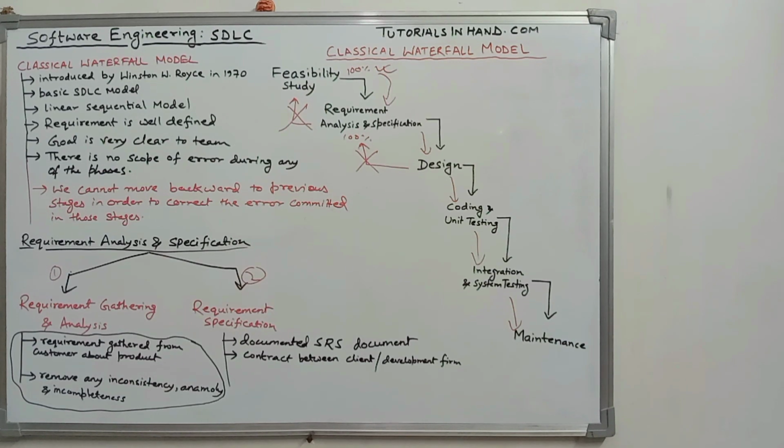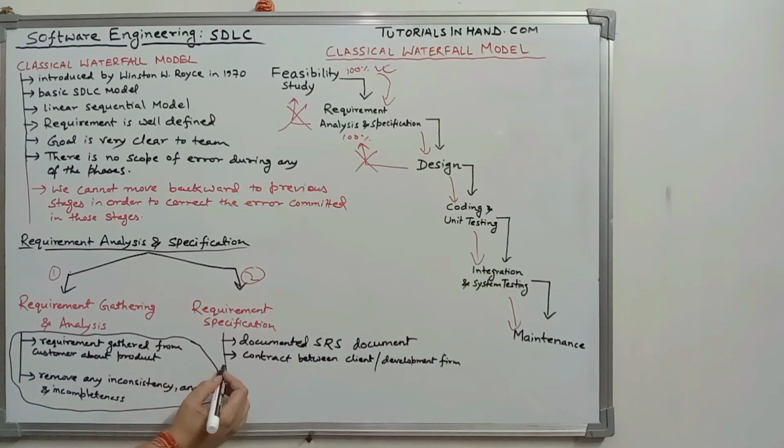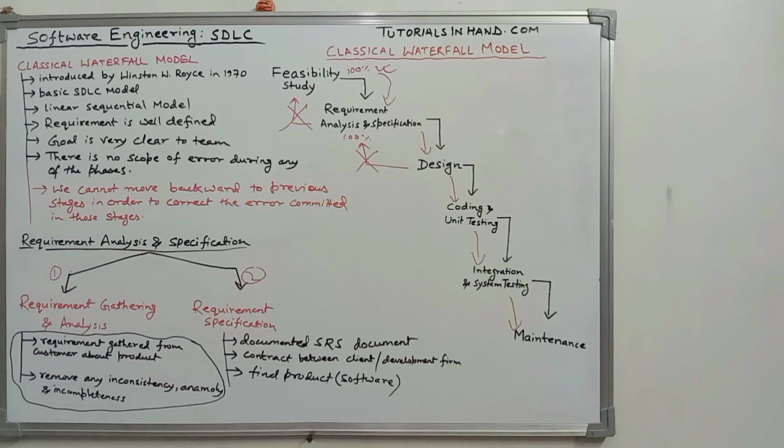Everything that is written in the SRS document has to be converted to the software product finally. And once this SRS document is prepared, we move ahead to the design phase.